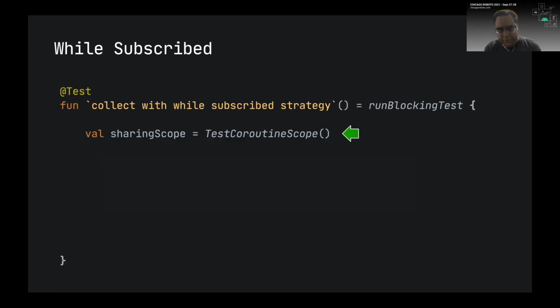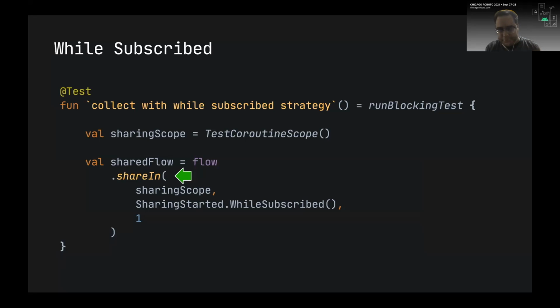In this example, I am going to show you how WhileSubscribed works. I created a separate scope, by the way, separate from the runBlockingTest scope, and I put it into the shareIn. In that scope, it will start to read from that upstream flow.